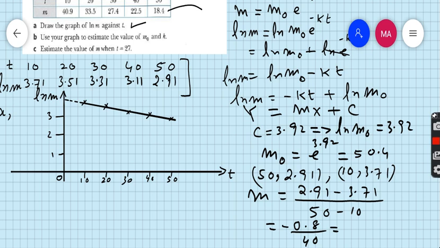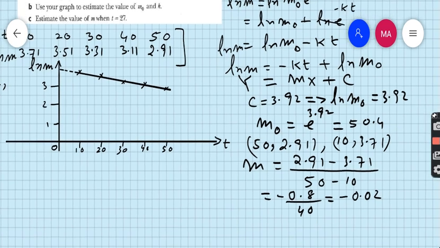Minus 0.8 upon 40. Answer is minus 0.02.